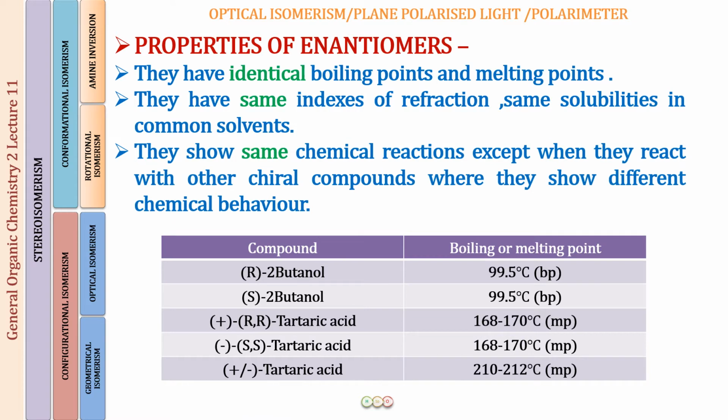Similarly, if you look at the chemical reactions, they will show the same chemical reaction except when they react with other chiral compounds, where they will show some different chemical behavior. So these are also chiral molecules, and if they interact with other chiral molecules, their behavior is going to be somewhat different. Otherwise, they will show the same chemical reactions.